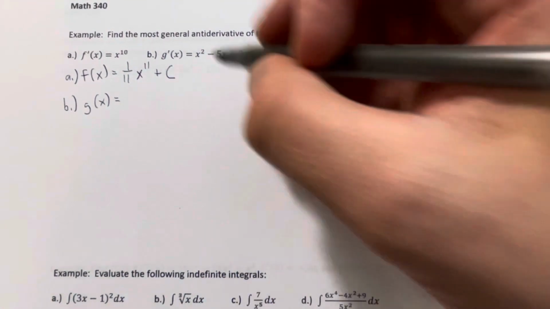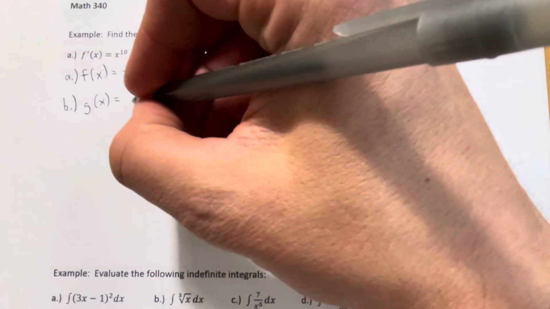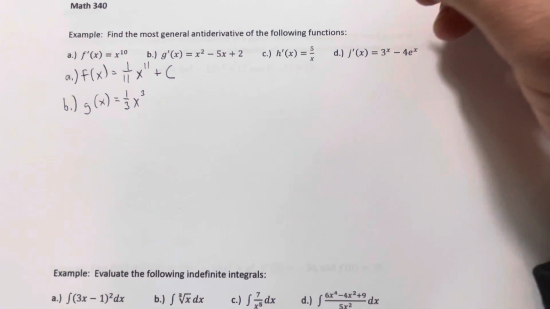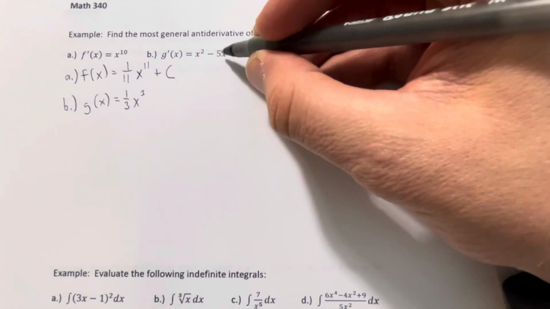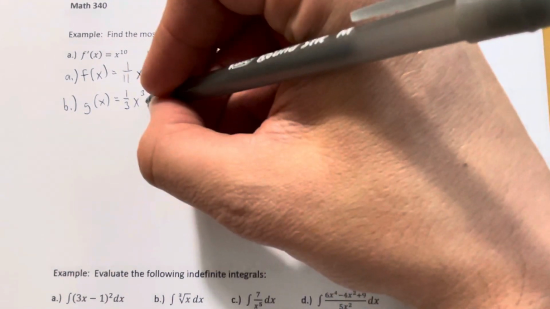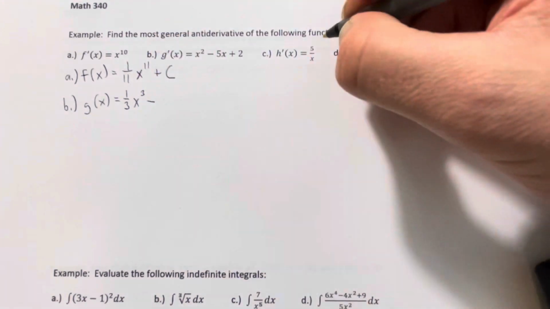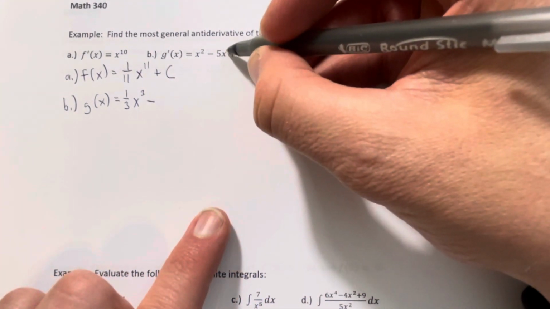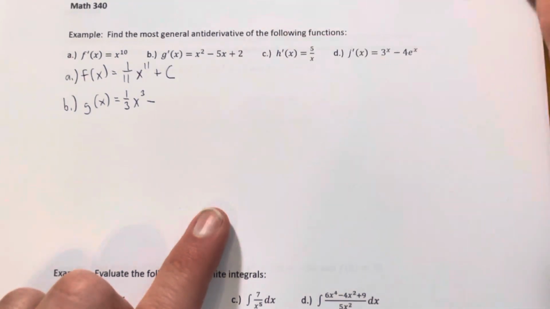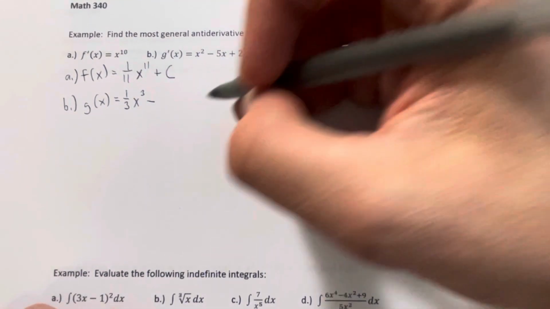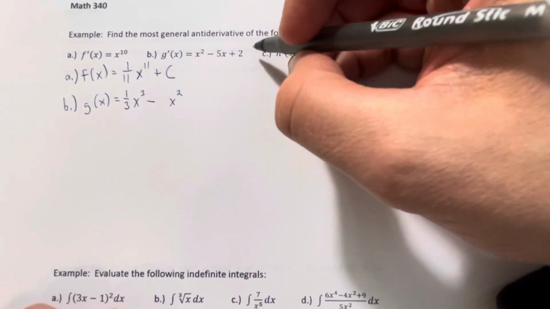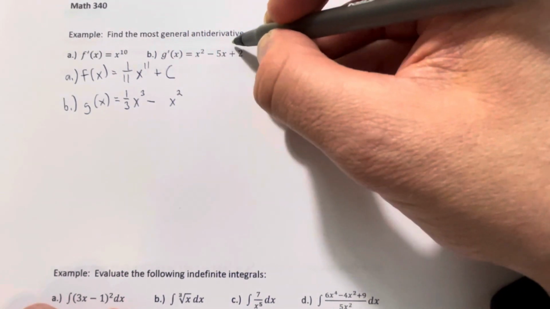Antiderivative for x squared, I add 1 to the exponent, which is 3, then multiply by the reciprocal of that number, 1/3. Then minus 5x. So I'm still going to have a minus. Think of that as x to the first power and use the power rule on it. Add 1 to the exponent, x squared now, and then multiply by the reciprocal of that number, 1/2.